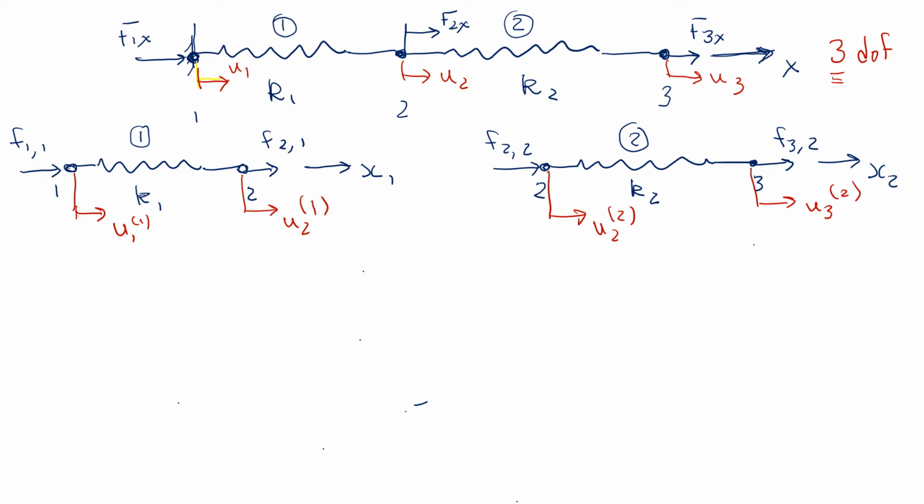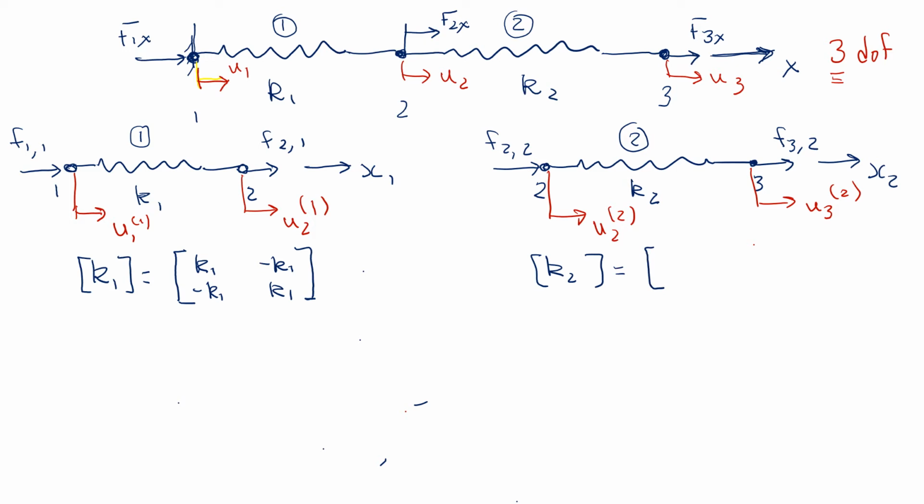Next, as we have already done in the previous section, I'm going to rewrite the element stiffness matrices for element 1 and for element 2. And as we have learned, the stiffness matrix for a spring element may be expressed by K1, minus K1, minus K1, K1.